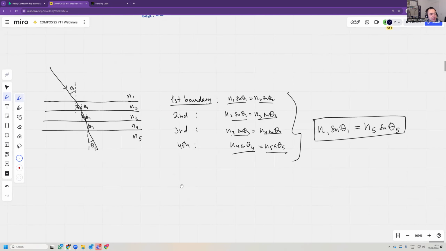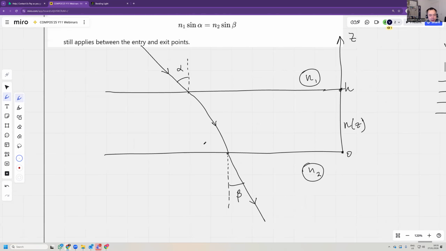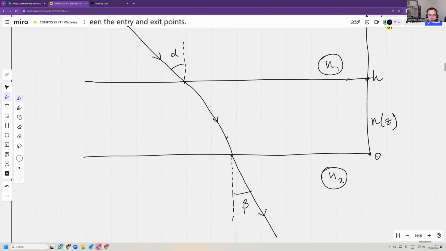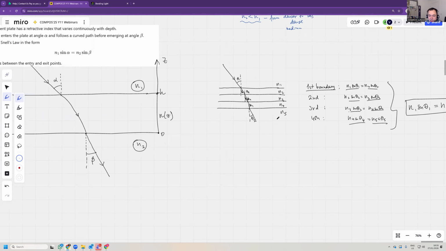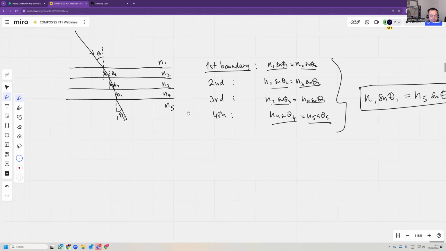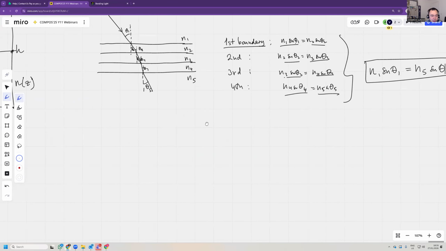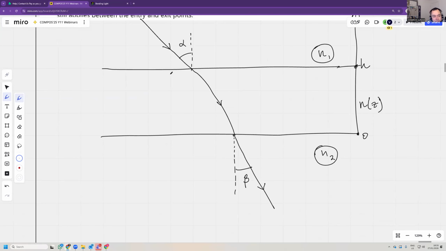Which is quite fascinating. So basically, light, we don't even know what n is inside the glass. We just know that it's a curved path. But for any number of layers, we can extrapolate this for multiple layers.